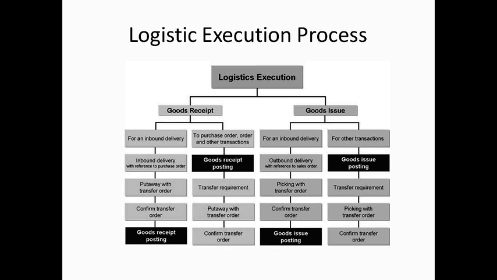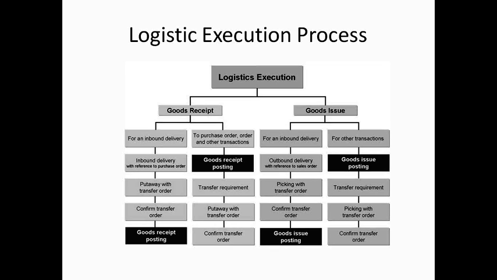So here in the goods issue process, we need to issue the goods from the stock. An outbound delivery is created, and with respect to the outbound delivery, we create a transfer order for picking, then we confirm it and do the goods issue.